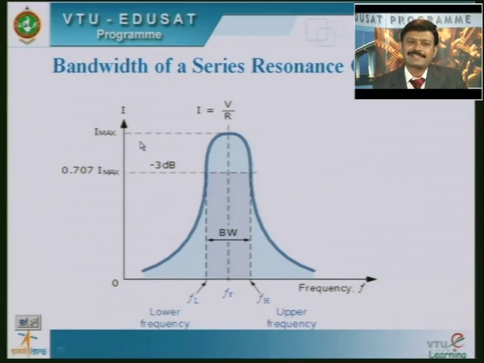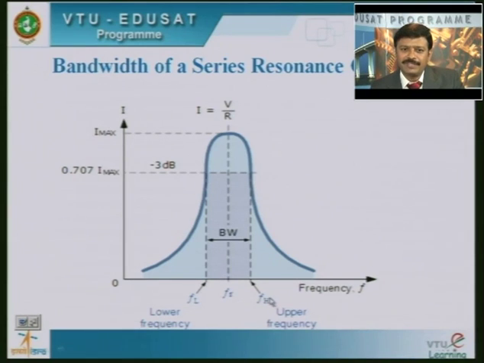That means XL is smaller than XC, omega L is smaller than 1 by omega C. Obviously, VL, the voltage across inductance, is less than the voltage across capacitance.